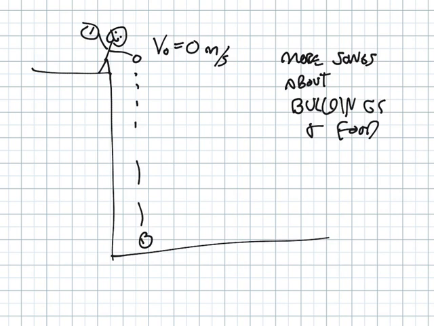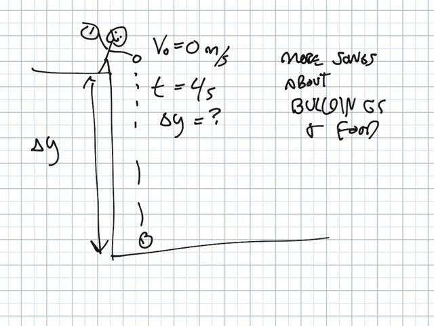And that is going to take 4 seconds to hit the ground. And we want to know how high is the building? So what is delta Y? And let's also figure out how fast is it moving just before it strikes the ground. So that's V final.